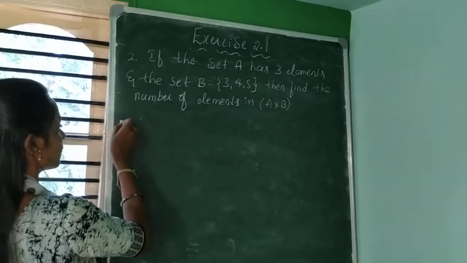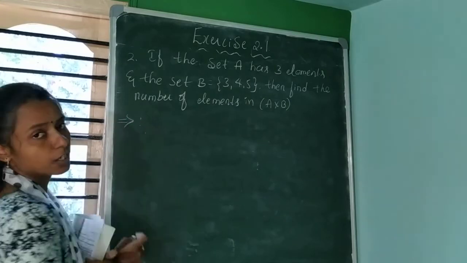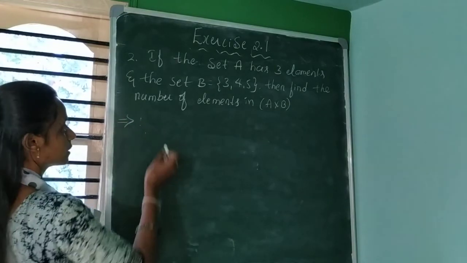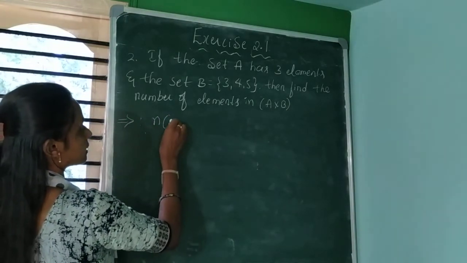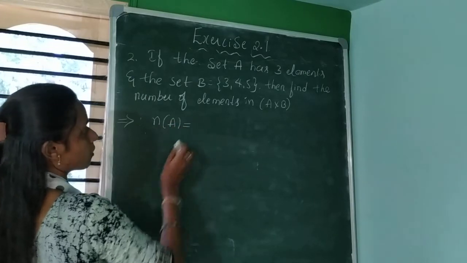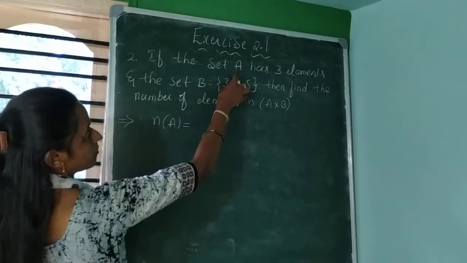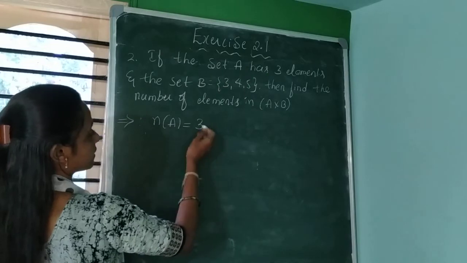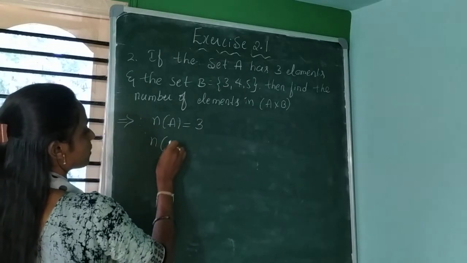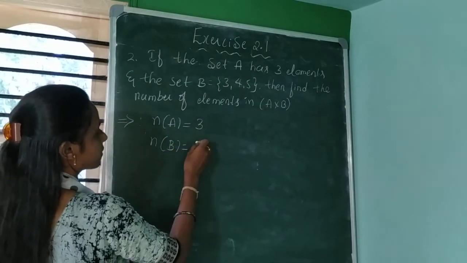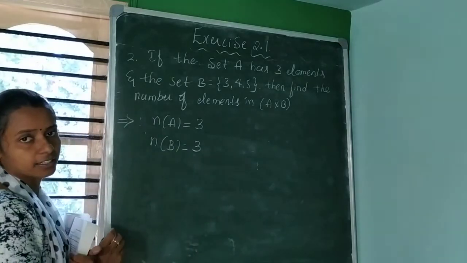Okay. So here I just go with the note. In a note, the number of elements in A is nothing but what? Number of elements in A is 3, right? Next, the number of elements in B. How many are there? Again it is 3.